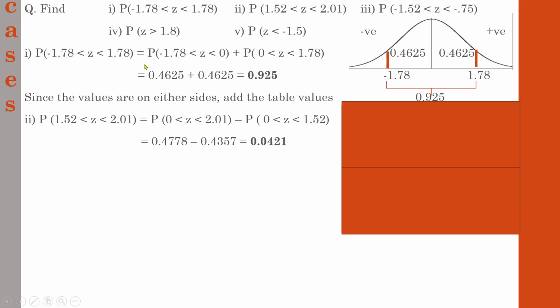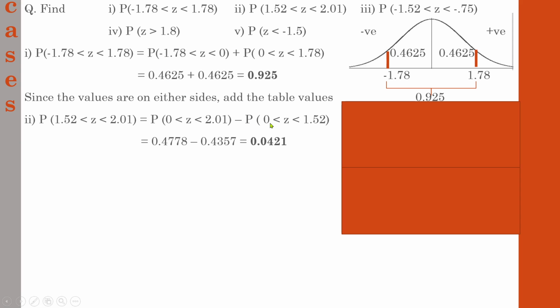It's very simple. Whenever you are representing a negative value, first of all write down the negative value with a less than sign, z less than 0. Whenever you are dealing with a positive value, see, this one is positive, this one is positive, show the representation opposite to this value.